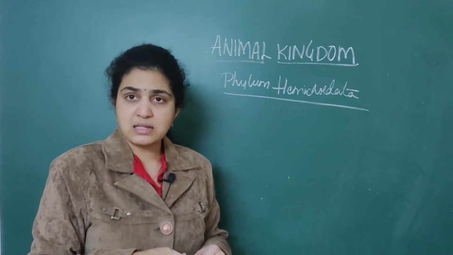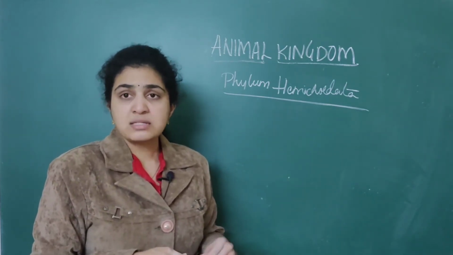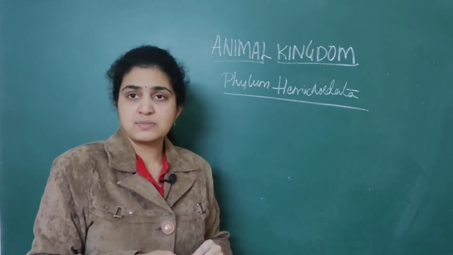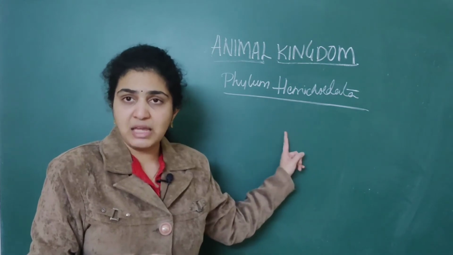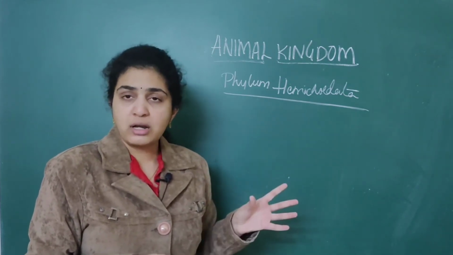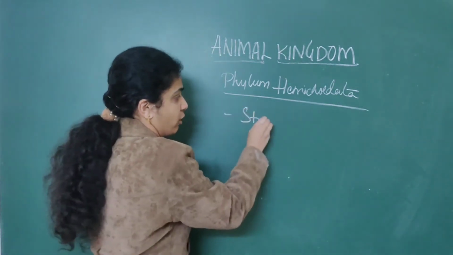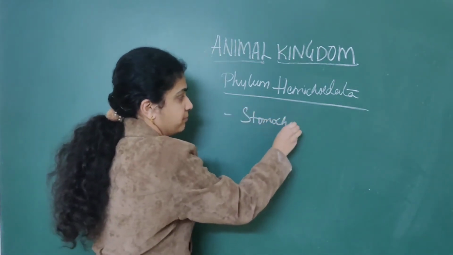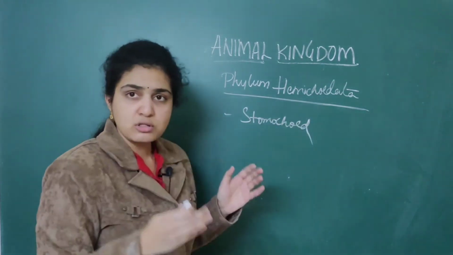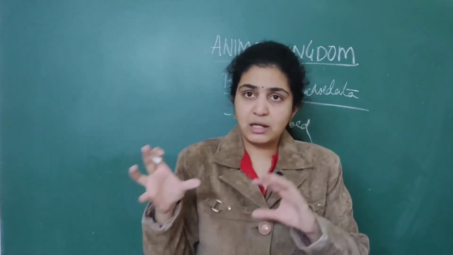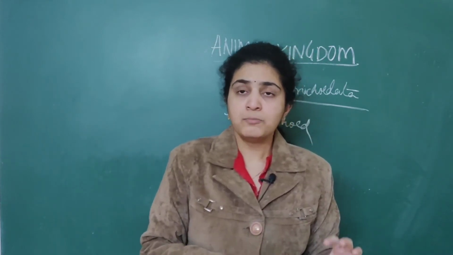Why have they created a separate phylum? Because every chordate will have a notochord. But in these hemichordates, the notochord is not present; a stomochord is present. The stomochord is also a rod-like structure, similar to the notochord.